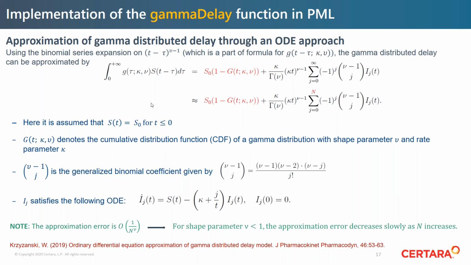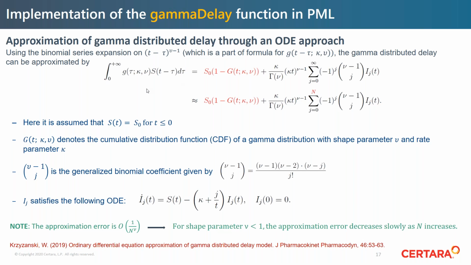As I said before, the gammaDelay function was implemented based on Krzyzanski's 2019 paper. So in order to better understand this function, I want to give you a very brief introduction to this approach. The idea behind this ODE approximation approach is to use the binomial series expansion on this term, and this is the formula for the PDF of the gamma distribution.